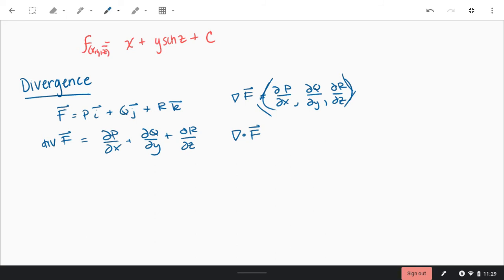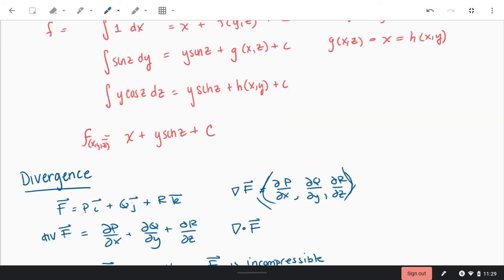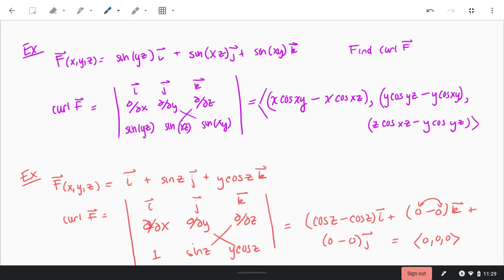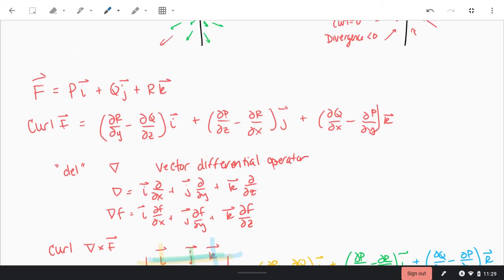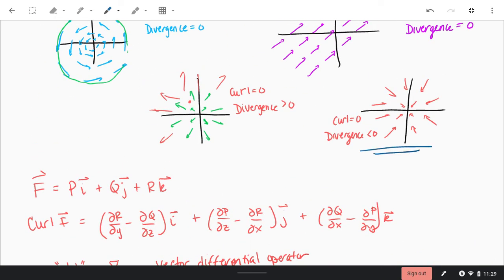So we also have a special case here: if the divergence of F is 0, then F is what we call incompressible. And again, that just means that we're not compressing it like what we showed at the top here. Sorry, my chair's squeaking. It's easy to see how that's compressible, right?